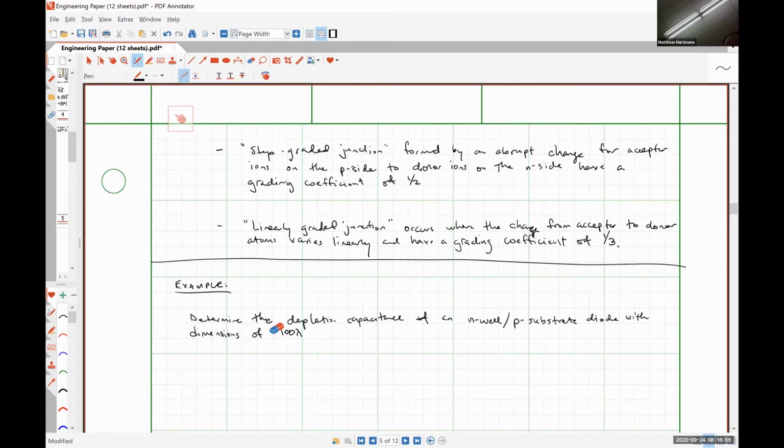So 100 times the scaling factor of our process in one direction and 100 times the scaling factor of our process in the other direction. And let's say it's a C5 process. Therefore, lambda is equal to 300 nanometers.